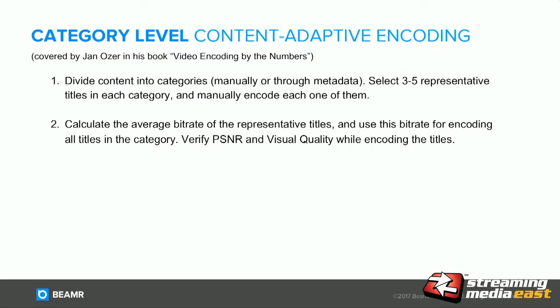Basically, it's really not much more complicated than looking across your library and segmenting based on groupings of content type. So again, as I said, animation, drama, action, sports. How granular you get depends on how much resource you have and how advanced you want to design your encoding profiles.